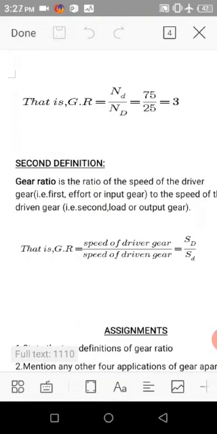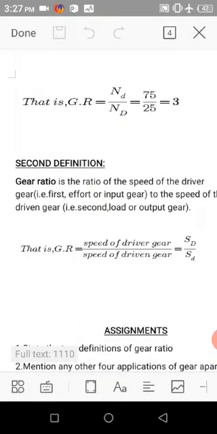So if you want to find the gear ratio using this definition, you place the driver gear speed as your numerator, while the driven gear speed will be your denominator.